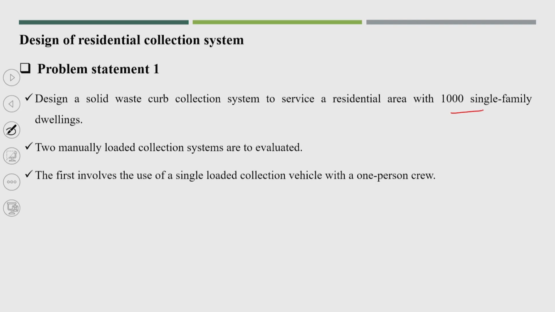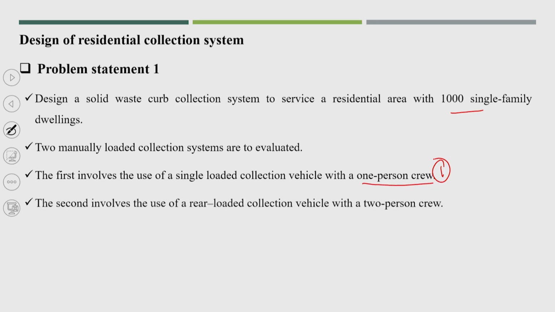The first involves the use of a side loaded collection vehicle with a one person crew, that is the first collection system, and the second involves the use of a rear loaded collection vehicle with a two person crew.